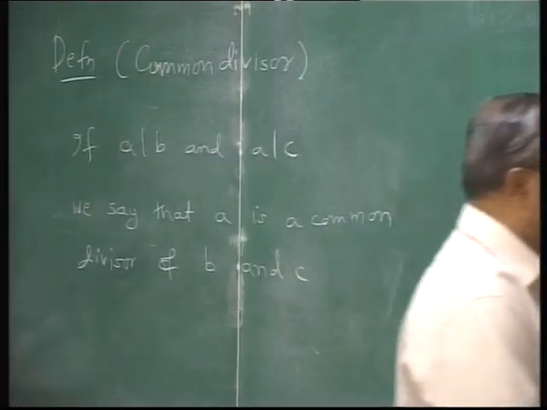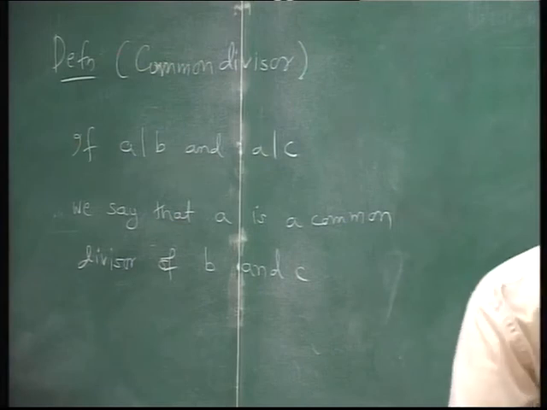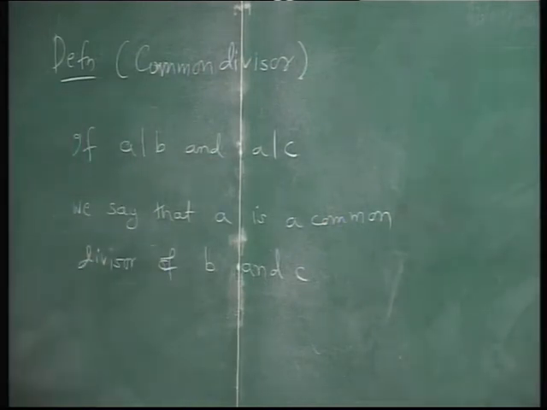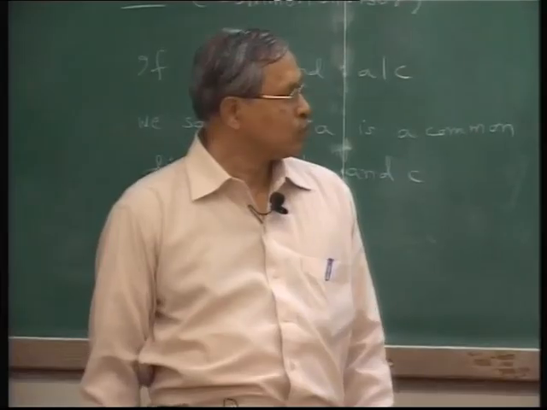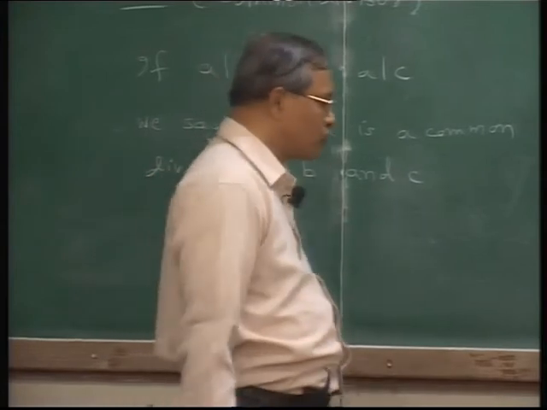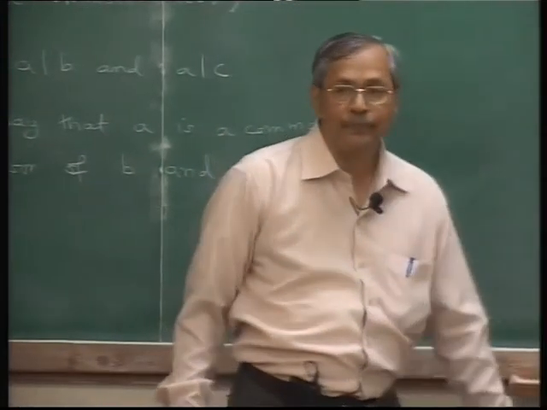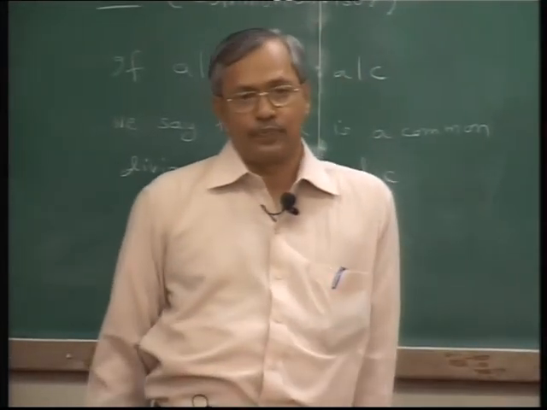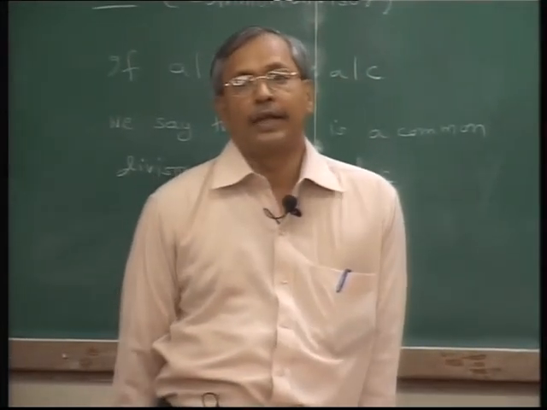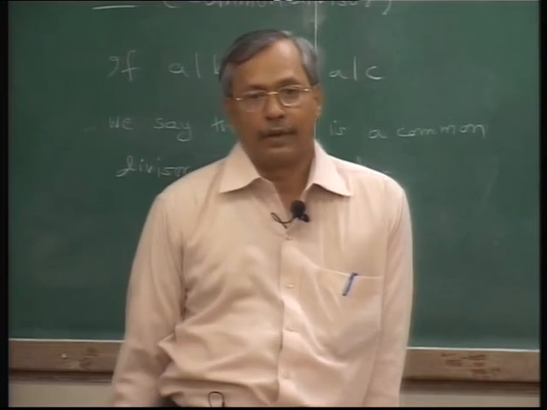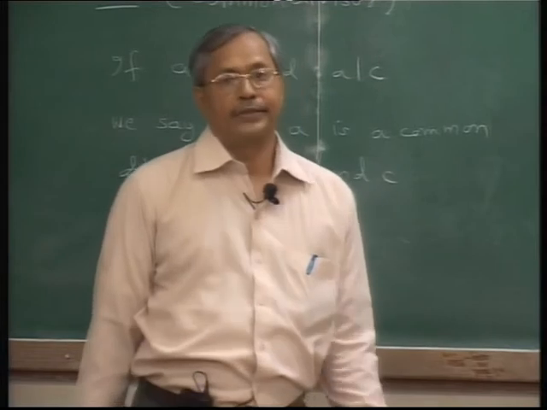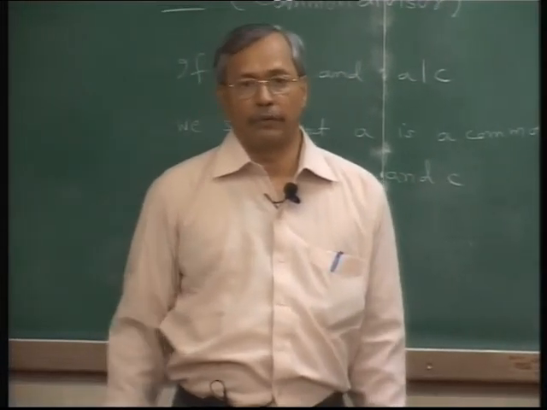For a given integer, how many divisors are possible? Suppose your number B is positive. Now, a positive divisor of this number has to be less than or equal to the given number. A is less than or equal to B if A divides B and A is positive, B is positive.